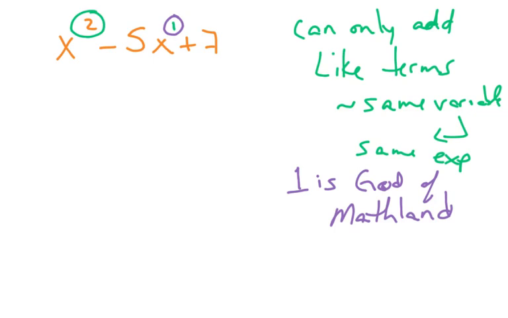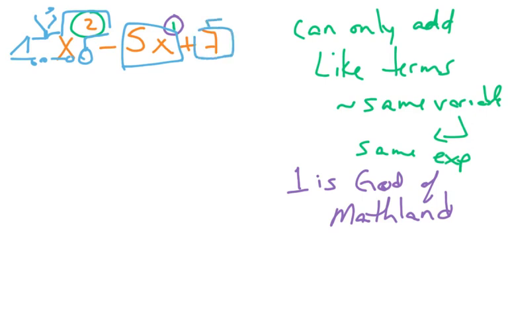I call these choo-choo trains. Each car is its own type of train car. I'm not an artist. So maybe the x squared is our locomotive, and maybe the x is a boxcar, and the last one that only has a number without a variable is called a constant.